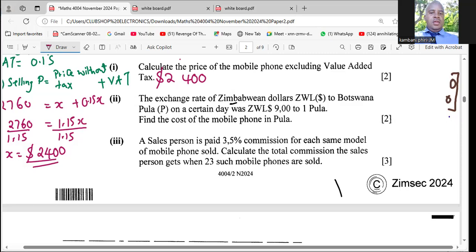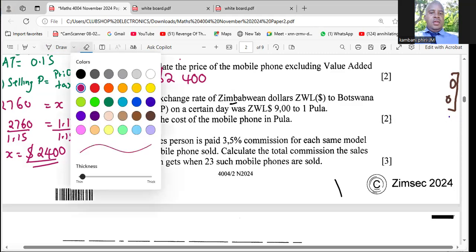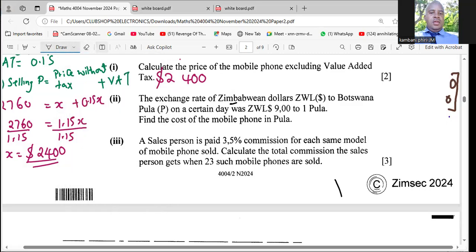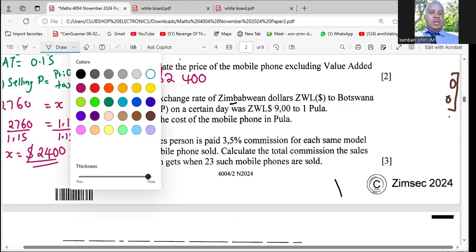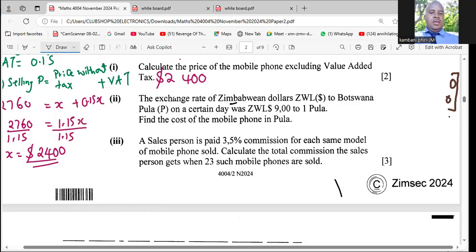In other words, 1 pula is $9 Zimbabwean dollars. Now we need to find the cost of the mobile phone in pula.